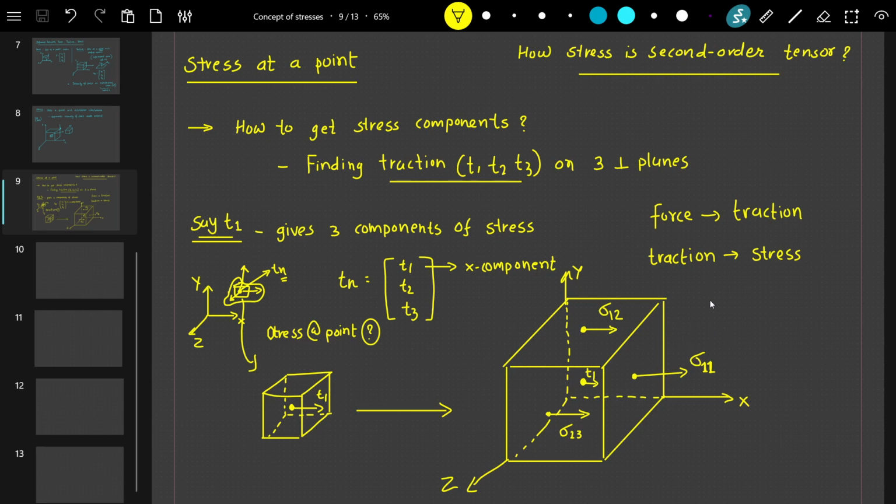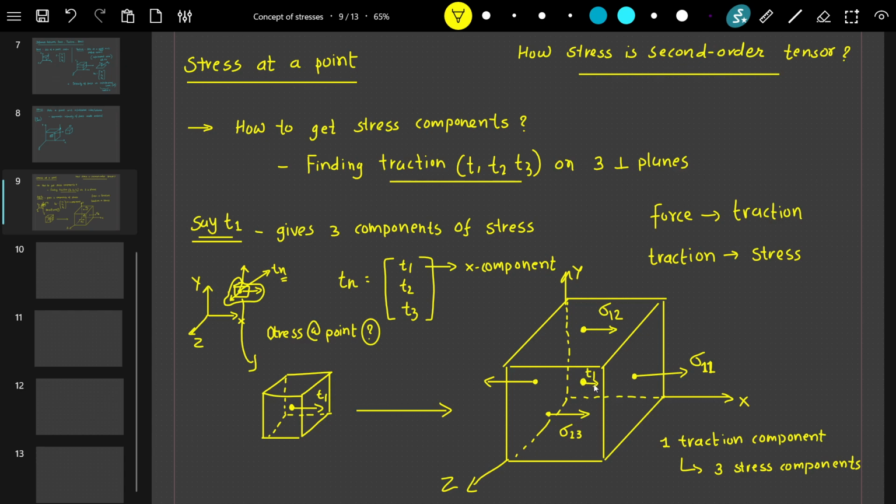So we can say one traction component gives us three stress components: sigma 1 1, sigma 1 2, and sigma 1 3 due to T1. We can also put sigma 1 1 here so that it is in equilibrium. It is actually on six faces.